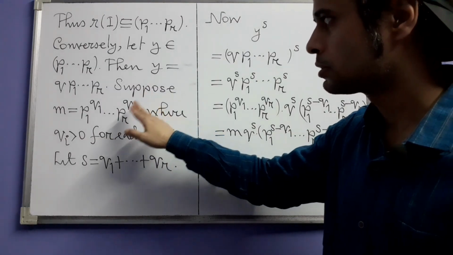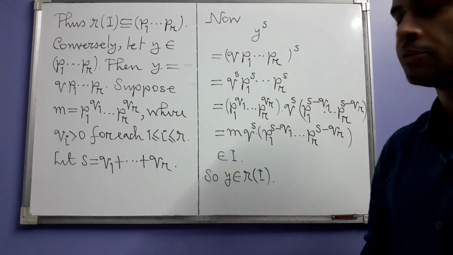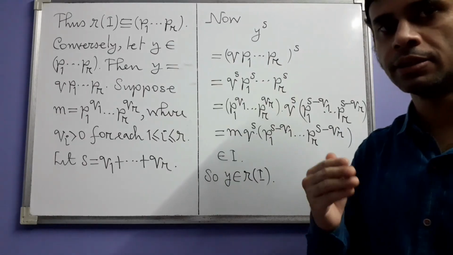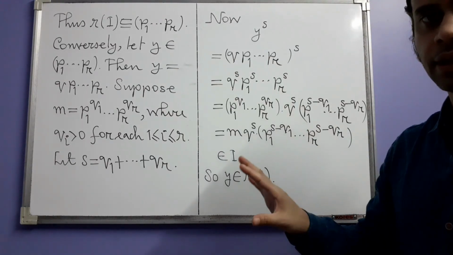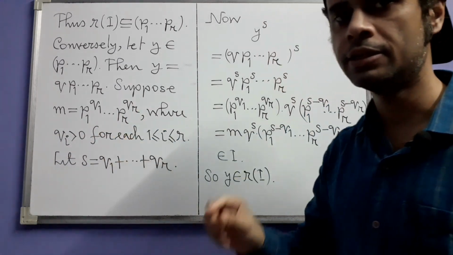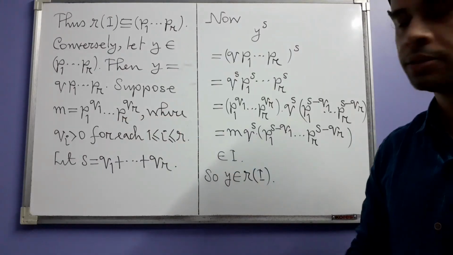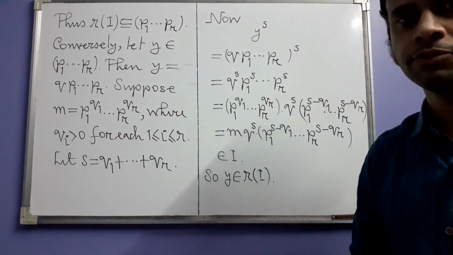Now suppose this is the prime factorization of m. So far we have only been working with the fact that the pi's are the distinct prime divisors of m, but we actually did not really see or care what m really is in terms of these pi's. So let that be this, where each exponent qi is a positive integer.